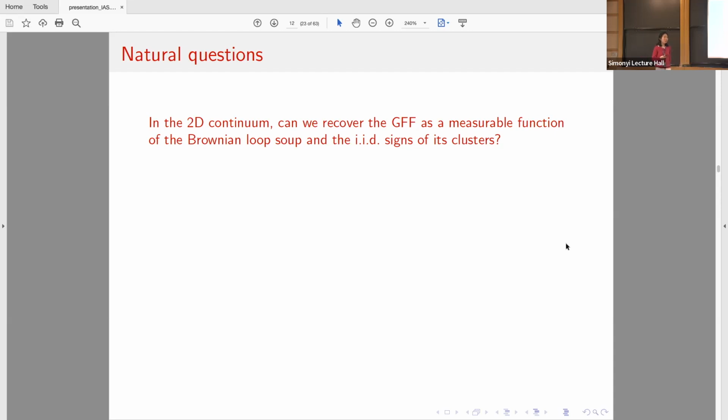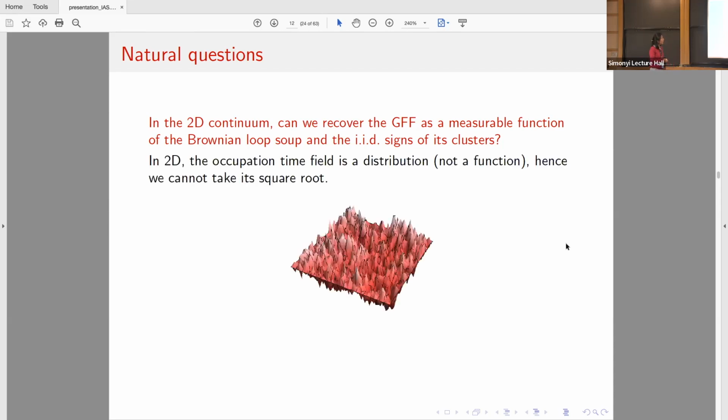Naively, if you want to directly apply this method, it cannot be carried out because in the continuum we have renormalized all the fields, and the local time is not a positive function. Also, the local time and the Gaussian free field are both not functions but distributions. They do not have pointwise values.